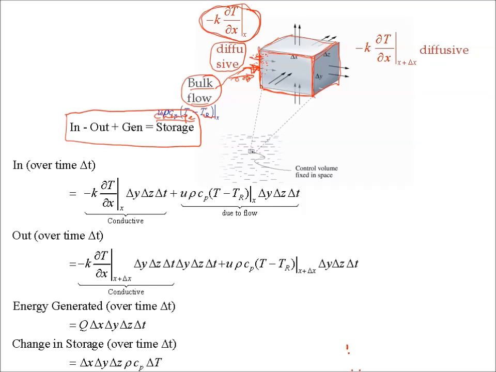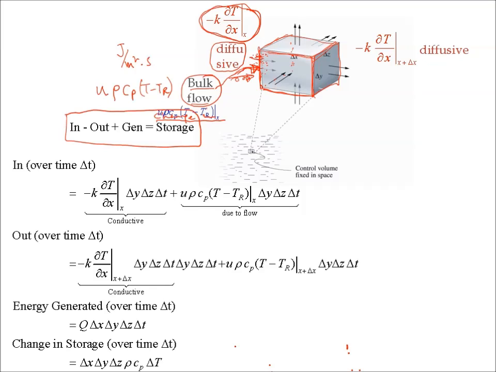That energy, which is kind of hard to see here, which is what we derived, is U rho Cp times T minus Tr. We just derived that. The unit for this is again joules per meter square per second, so watts per meter square, or flux, simply due to the air moving into this control volume through this phase.